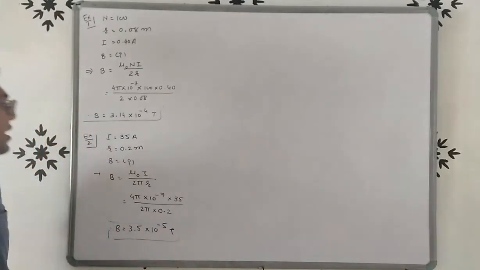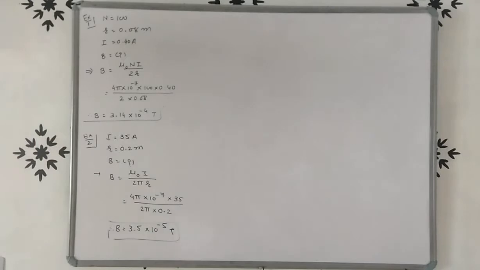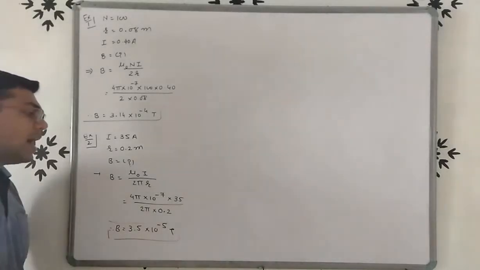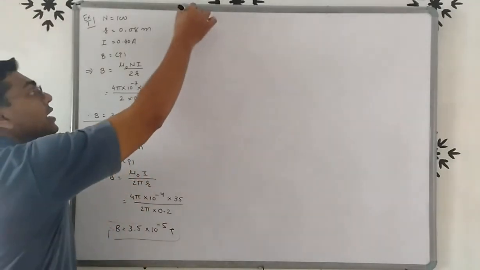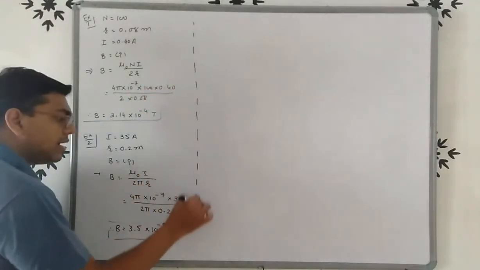So here in this example we know the value of current. We have to find out magnetic field at a distance of 20 centimeter. So if we convert 20 centimeter into meter, so 0.2 meter. So we know the formula B is equal to mu 0 I upon 2 pi r. So as we put the value of mu 0, I and r, you will get the magnetic field B, right?